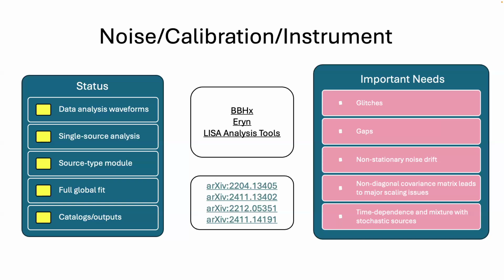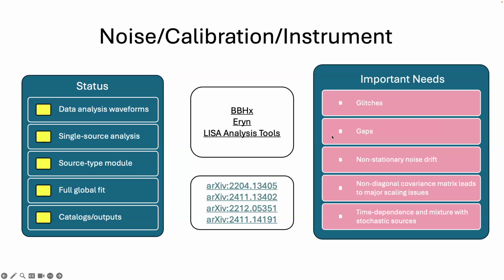I'm not going to get into too much detail because there's way too much to talk about here. I pointed to a few papers here that can introduce you to some of the noise concepts and glitches and gaps. But this is a very active area of research. The LDC2B sprint is to concentrate on these kinds of things. So this is definitely a very active area.